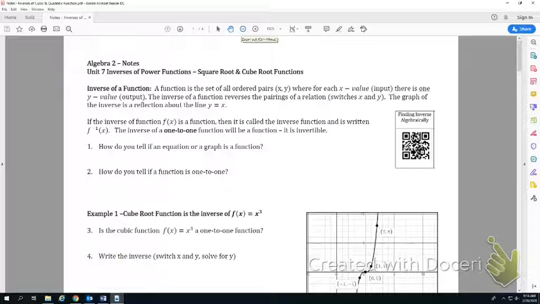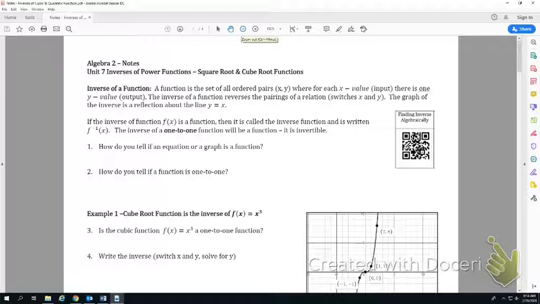Just identifying if it is a function. The inverse of a function reverses the pairings of a relationship, switches x and y. We've talked about this earlier in the year. So if you had a table of x's and y's, to get the inverse, you would just switch your x's and y's, and that's your new values for the inverse.